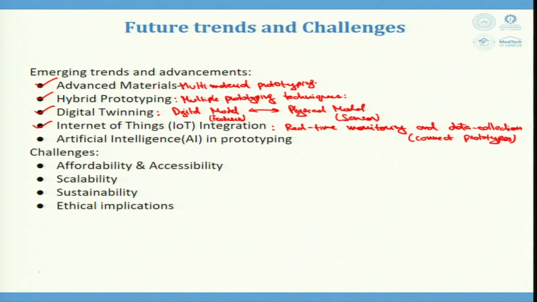Then artificial intelligence in prototyping, this was also discussed in the previous lectures. Artificial intelligence is used for design optimization and for process automation.